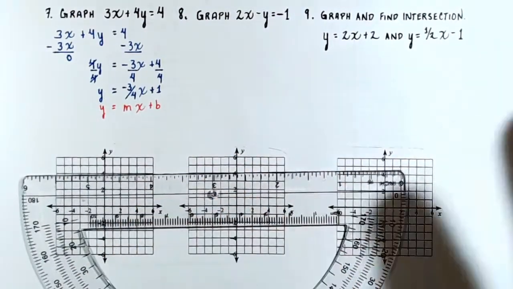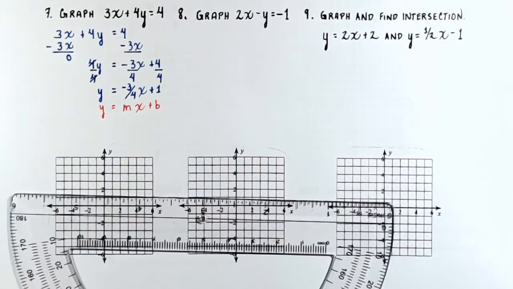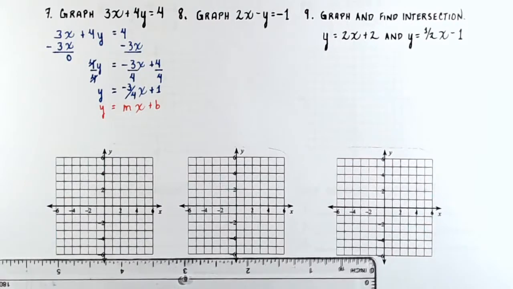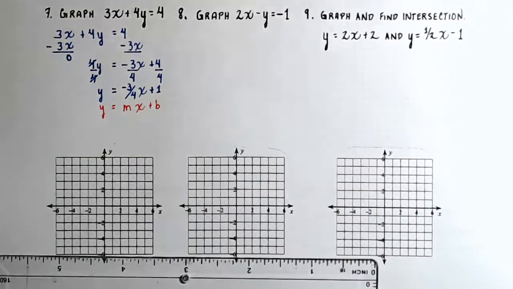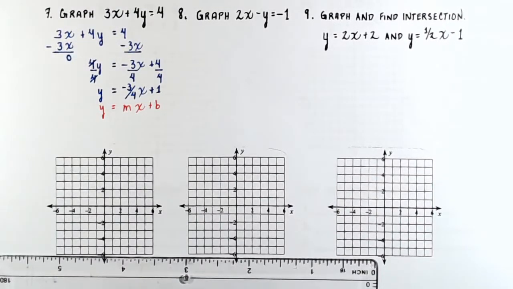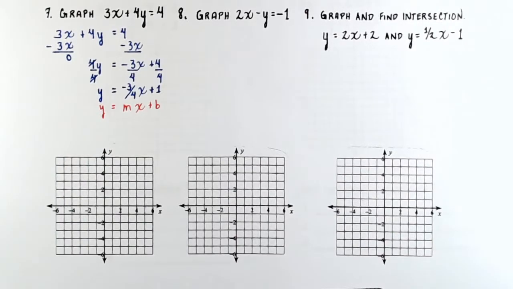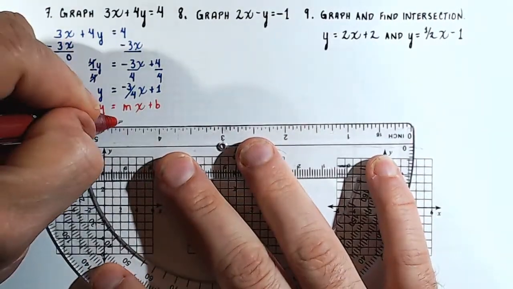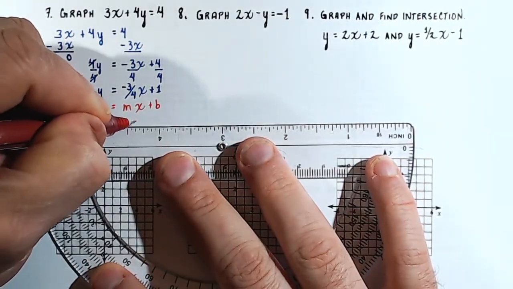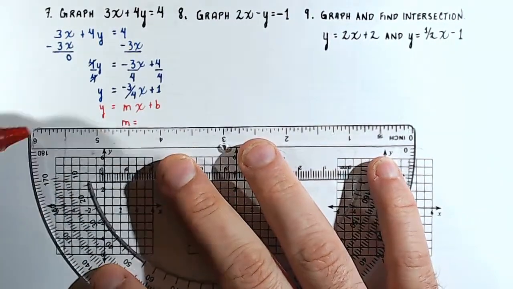Take a moment to think about what the slope is, what the rise over run is, and also what the y-intercept is. Okay, so for this problem, the slope m equals negative 3/4.